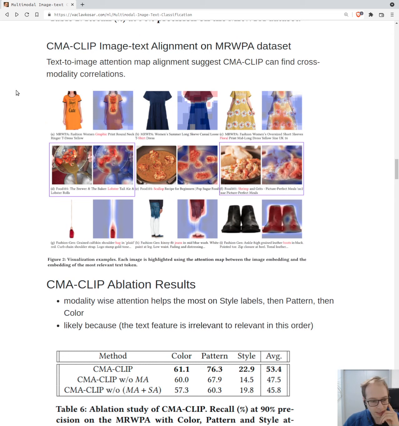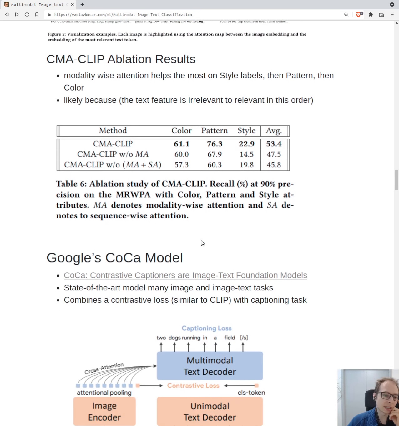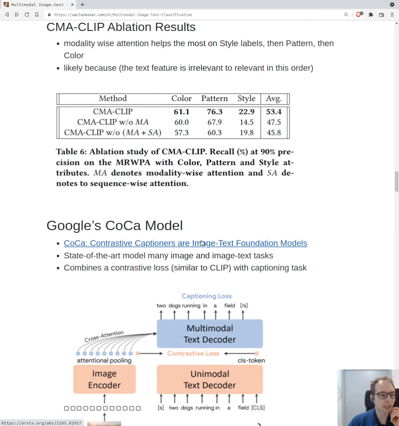You can find, apparently using an attention map on one of the layers, I'm not sure if it is all layers or just one layer, at least it's one layer, one head, I guess, this interesting ability to actually detect where the token of the text is located on the image.